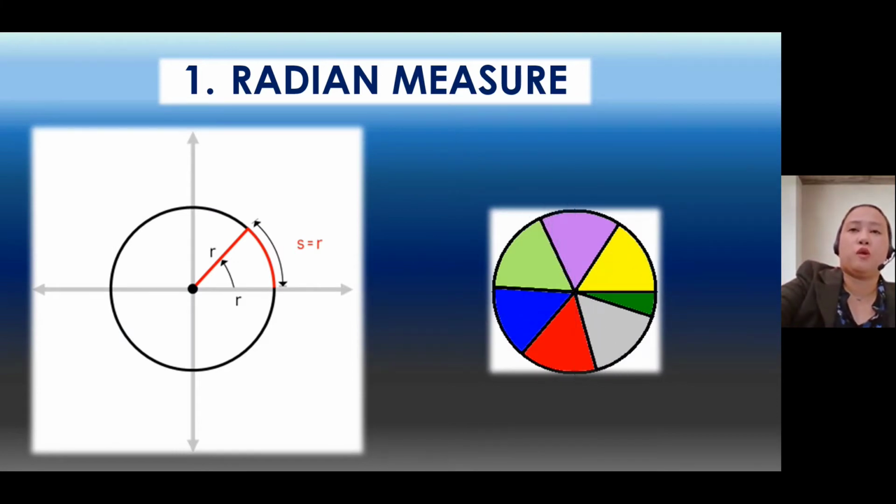This is to show in how many parts the circle is divided. Since we are talking about the radian measure, how many radians are there in a full revolution?